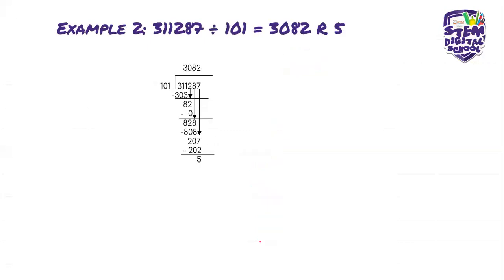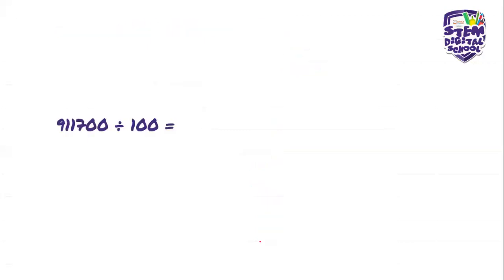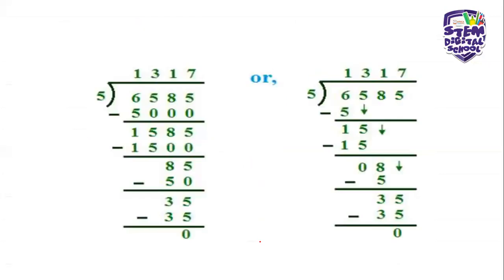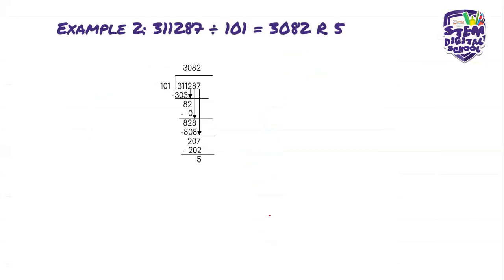Next sum. So I've got 311,287 and I want to divide it by 101. I'll give you 10 seconds. Try this sum on your own, and then once you unpause, listen to the explanation. 10 seconds.